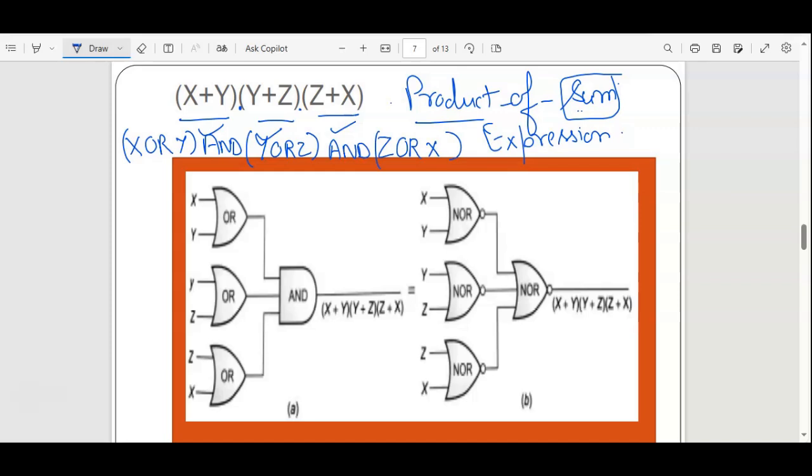Now please check x OR y: here you have an OR gate and the inputs are x and y. Then we have the OR gate again, so here you will get x plus y, here y plus z, because the inputs are y and z, and here z plus x or x plus z. When all these are connected with an AND operation, you finally get this one.